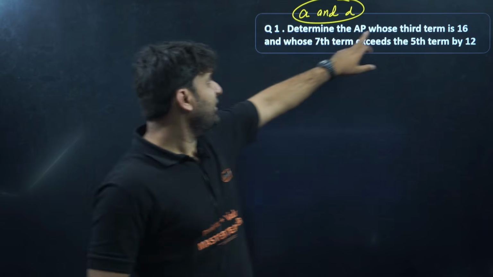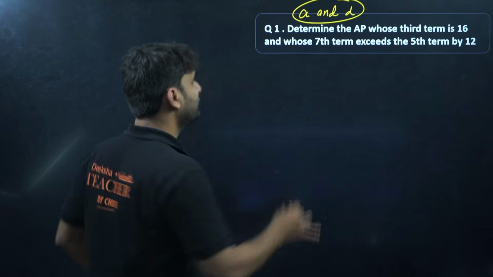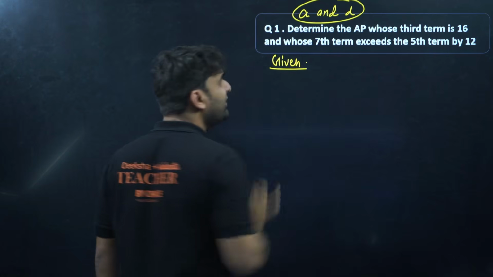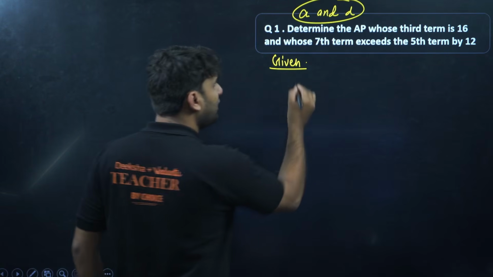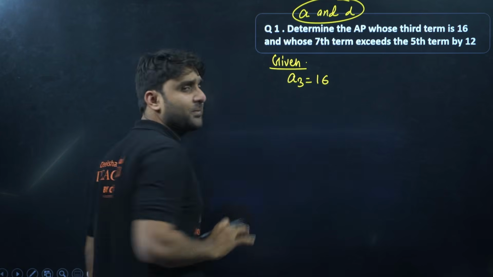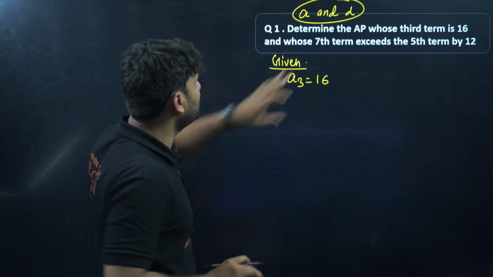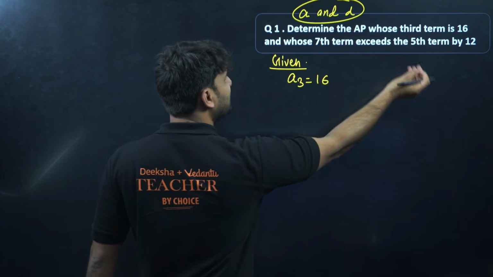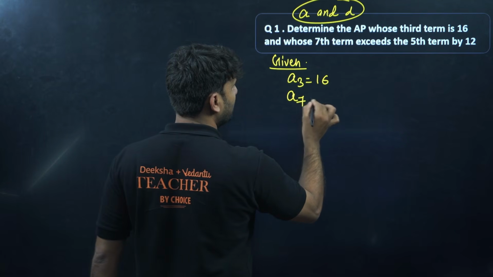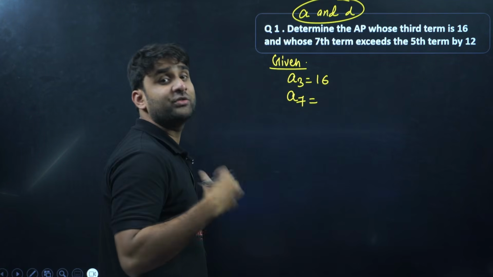Okay, what is given here? Third term is 16. So if the third term is given here, A3 is equal to 16, write it down. And what other information is given? Seventh term exceeds the fifth term by 12. Okay, so seventh term exceeds means more than.